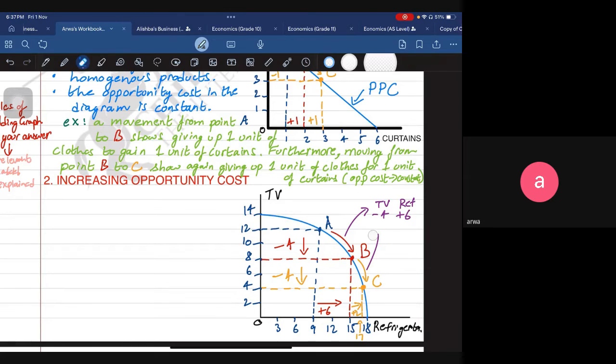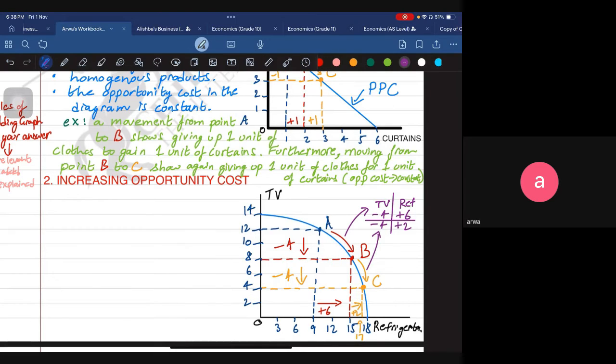So we can say here that we are losing again 4 to gain 2. So if you see this, what do you consider regarding this?